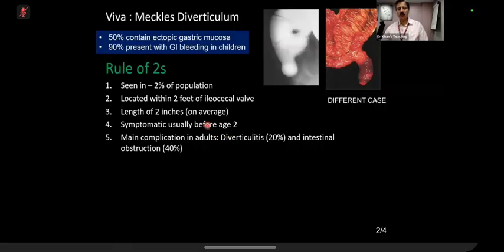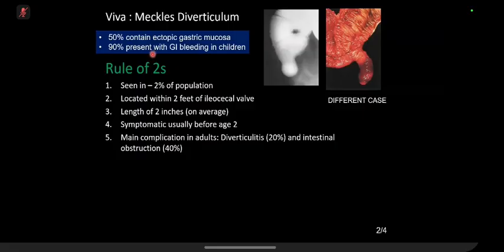Usually in children they will be symptomatic. But in adults, the main complication can be diverticulitis or intestinal obstruction. And the concept is that 50% of them contain ectopic gastric mucosa and 90% present with GI bleed in children. So in children, it is important. Okay, number 2, what is the investigation of choice here?